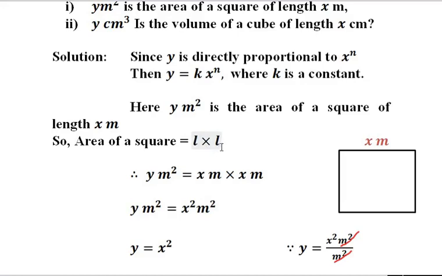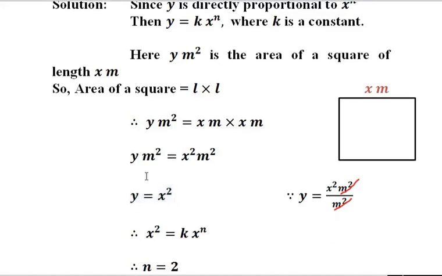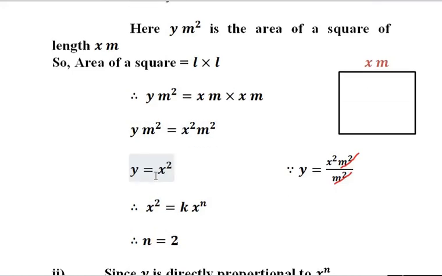So length multiplied by length means x meter multiplied by x meter. By taking the product of x m multiplied by x m, the product is x square square meter. And on the left side, the area of the square is y square meter or y m square. So we get y is equal to x square.